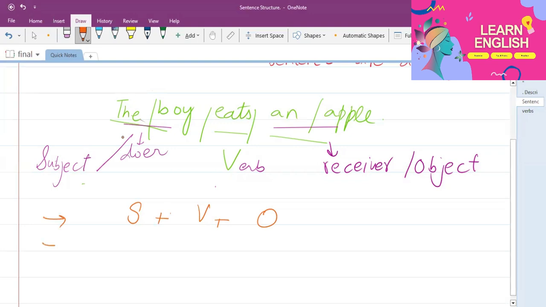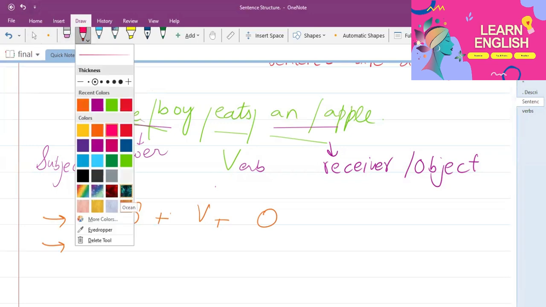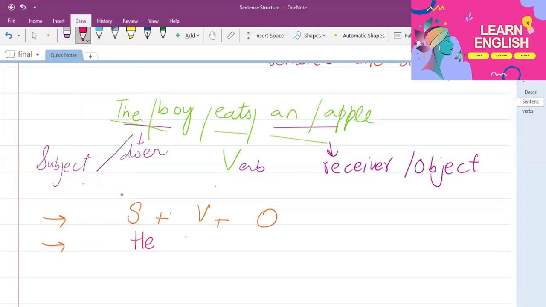But it can also be somewhat like this. Let's take an example. He sleeps. Now, over here, we do not have any object. Where is the verb? Sleeps is a verb, and he is a subject. He is the doer. He is performing the action.